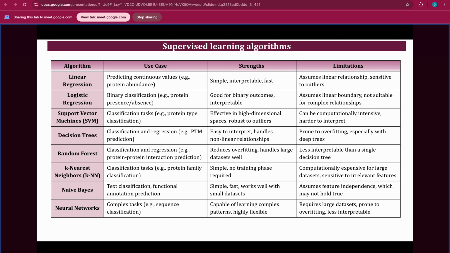Or when we say mass to charge ratios, there will be continuous values which have some range, for example ranging from this to this. So for such scenarios we will use linear regression. It is simple, interpretable and fast, it assumes linear relationships, and it is sensitive to outliers. So if you have any outlier, then also it won't work fine.